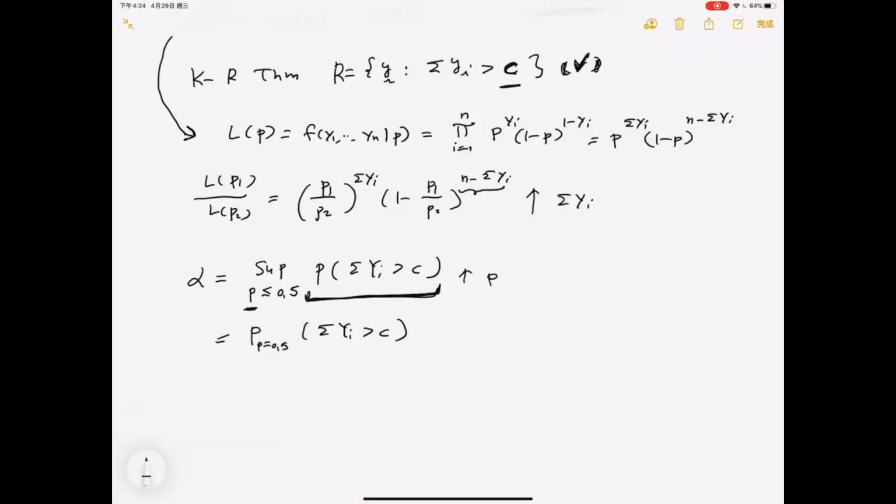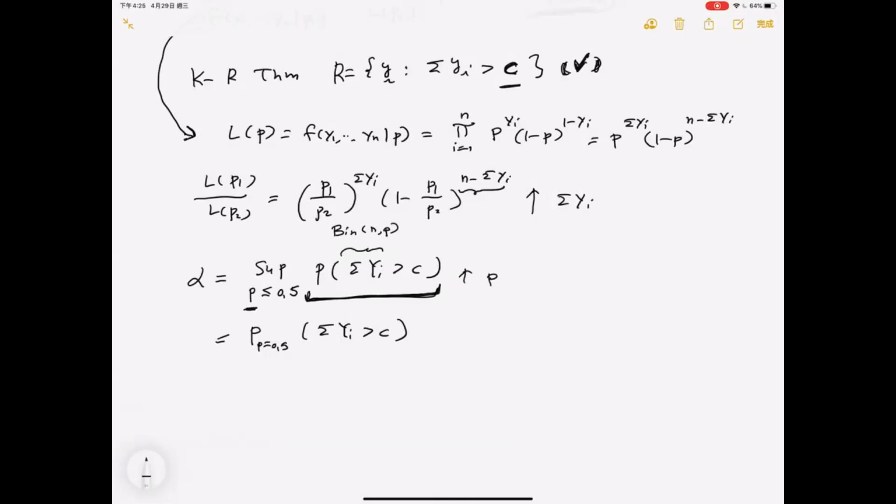Then why is this probability an increasing function of p? Imagine your summation yi follows what distribution? Y1 to yn follow Bernoulli p, so the summation y follows binomial n, p. So imagine a random variable is binomial n, p.